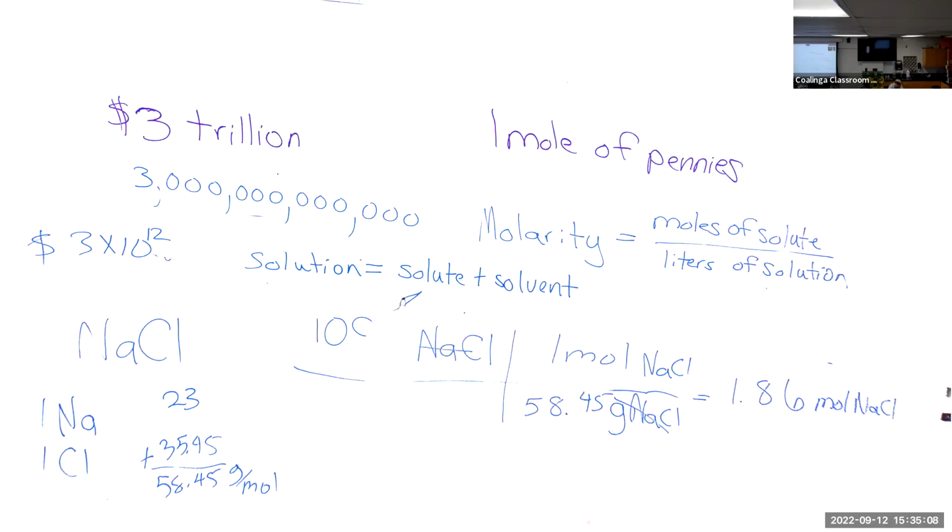If I'm dissolving salt in water, salt is going to be my solute. It is the one that I have the least amount of, right? And that's being dissolved. The solvent is going to be water because it's the one that's the most abundant.